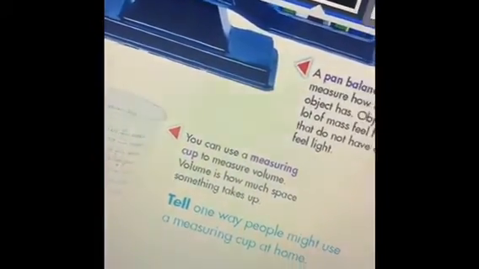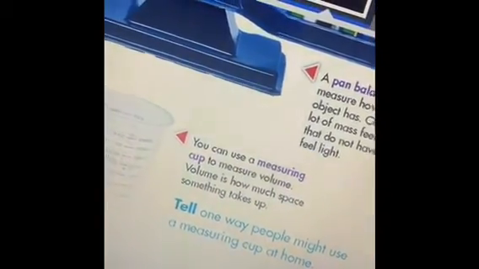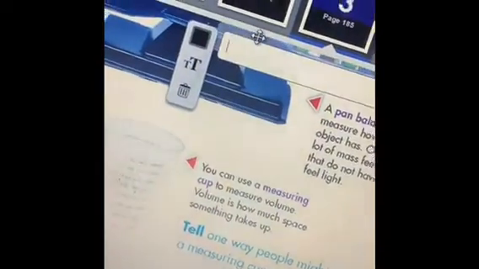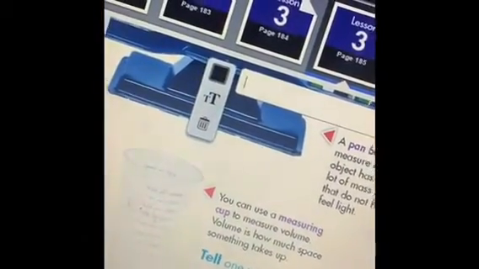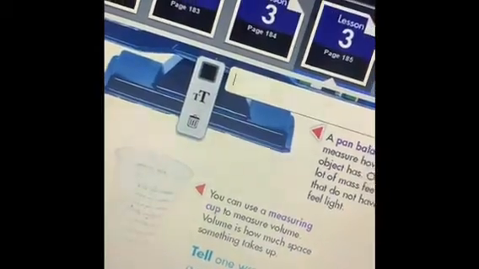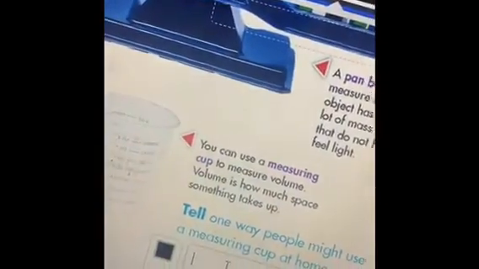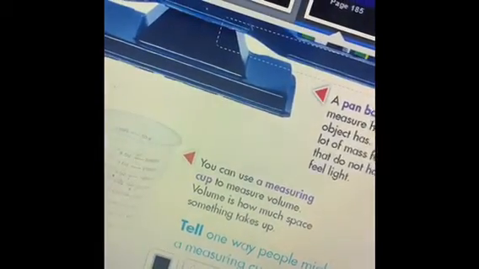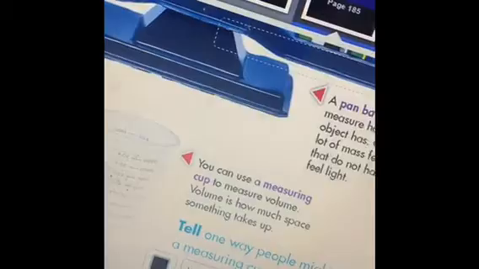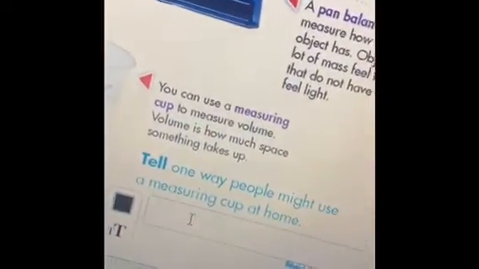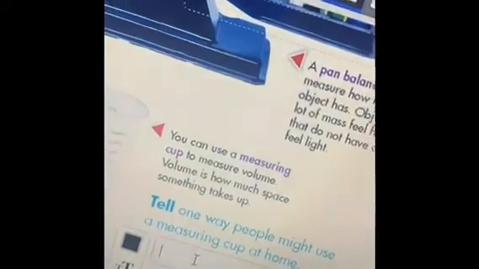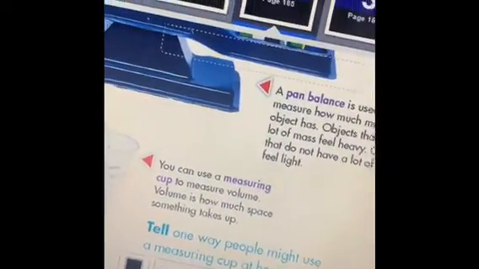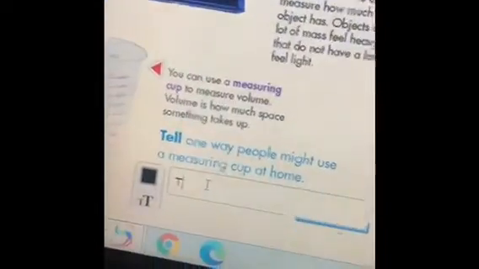Okay, here: tell one way people might use a measuring cup at home. So what can we answer? One way people might use a measuring cup at home is to cook or bake.